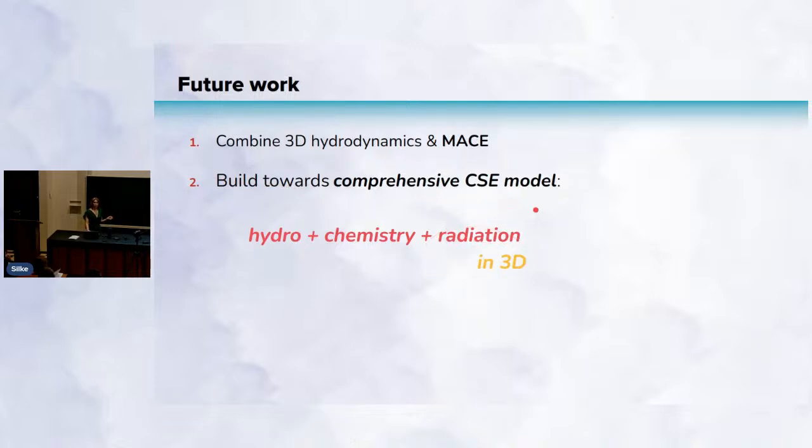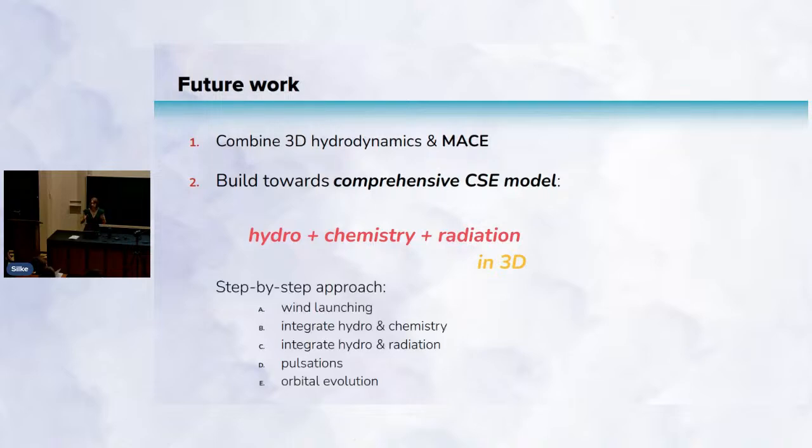So this is also an important aspect. We need to couple the hydro and the chemistry to, in the end, come to a comprehensive model that can really model the whole circumstellar envelope. And of course, we want to do this all in 3 dimensions because these objects are in 3 dimensions. There are a lot of steps to take. I won't go into detail, but we're not there yet, but we're working towards it, and it's looking very promising.